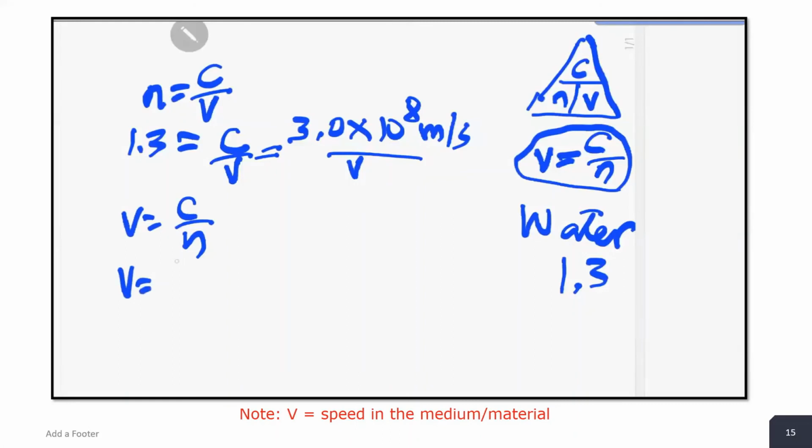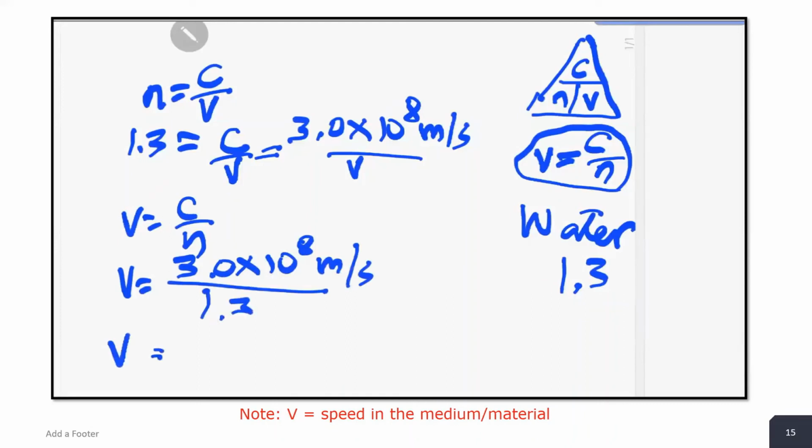Okay, we have 3.0 × 10^8 meters per second over 1.3. Now, what is the answer? 3 over 1.3, we will have 2.307. But if you round to 2 decimal places, you would have 2.31.